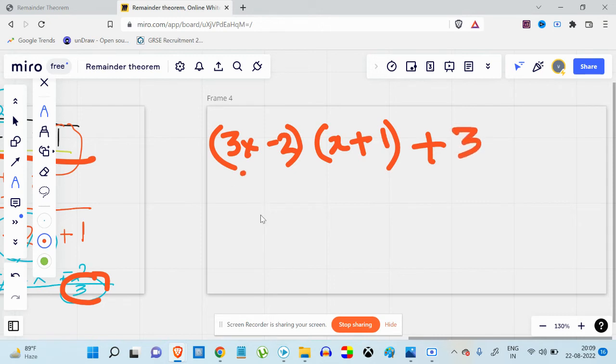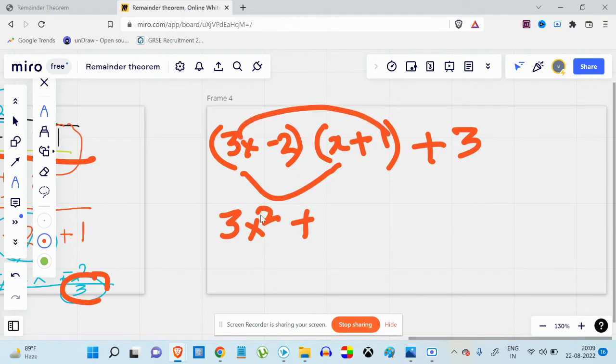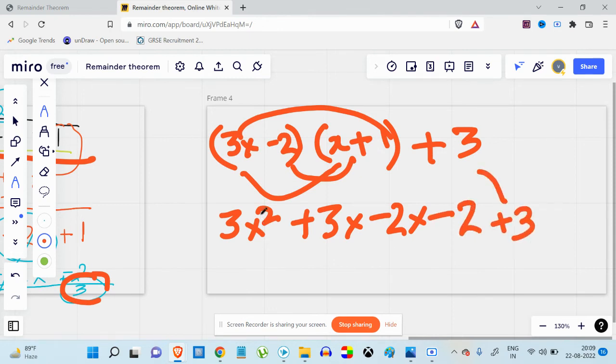So do this multiplication: that will become 3x square. You can do it at your own pace. This multiplied with 1 will be 3x. This multiplied with minus 2 will be minus 2x, and then 2 into minus 2 remains.